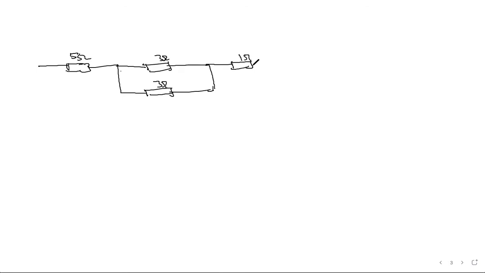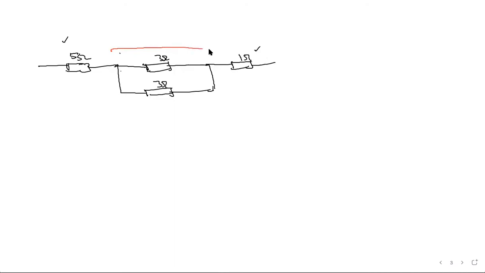To solve this, we need to first identify the connection, whether it's series or parallel. These two look like they are in series, but these two are in parallel. I highlight the ones in parallel in red.